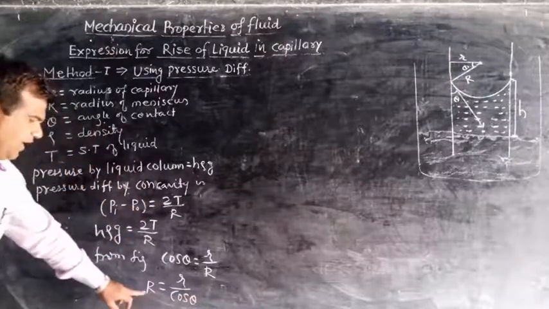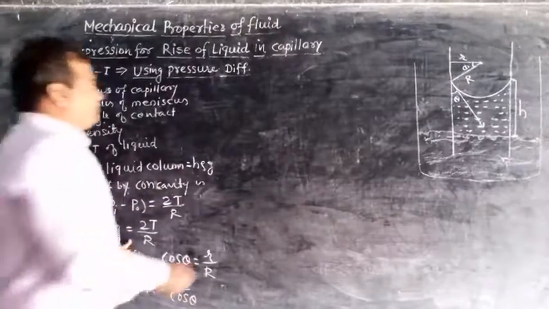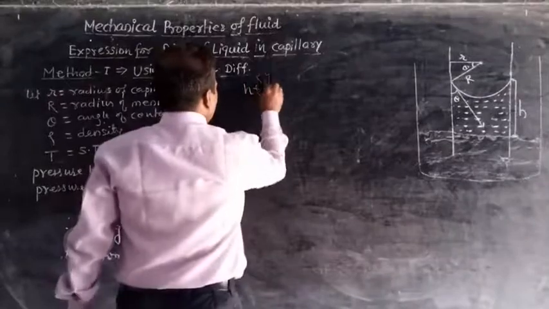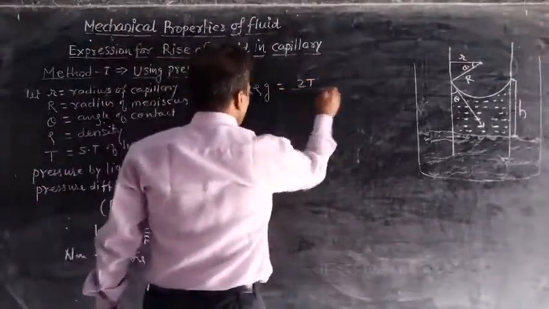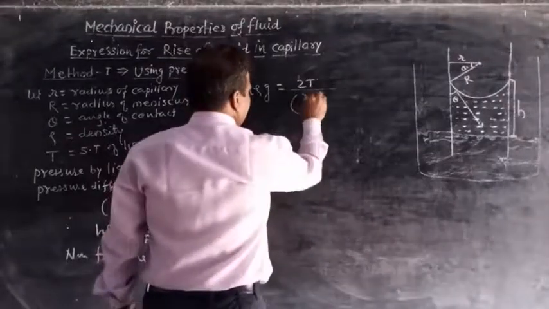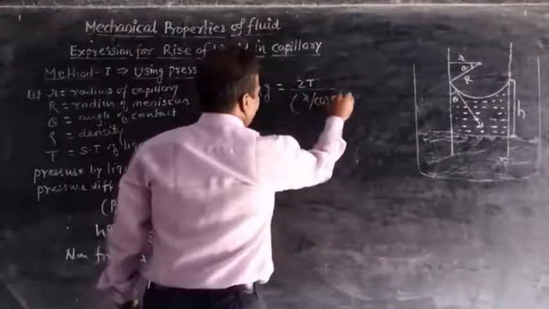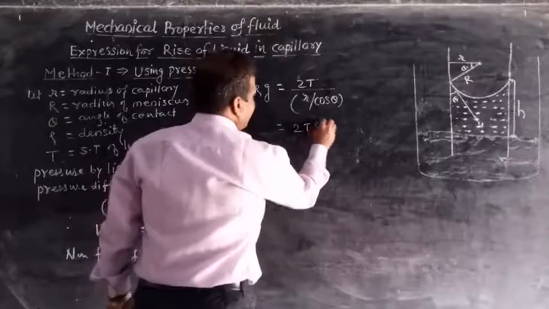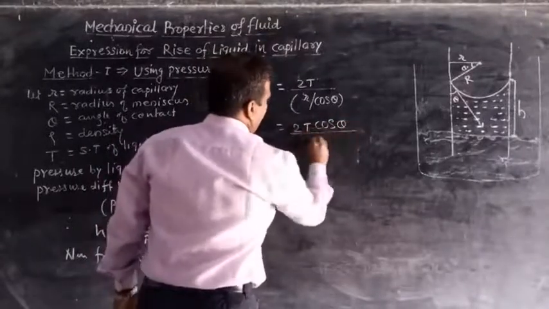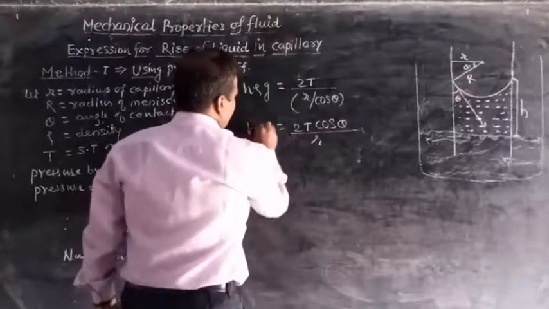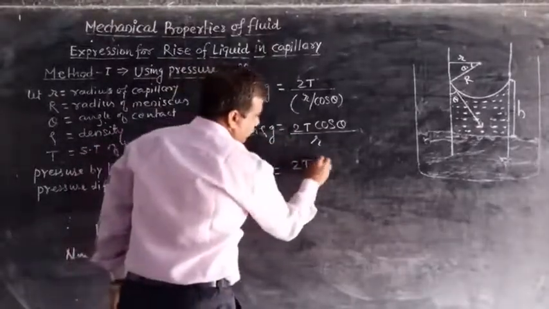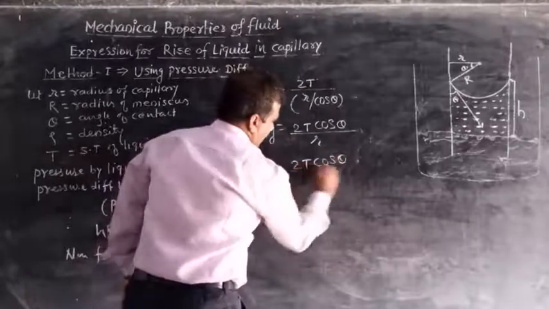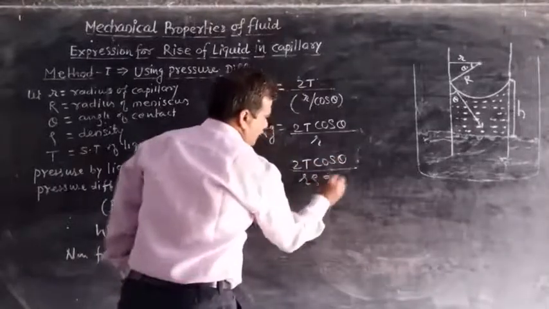Now put this value of capital R in this equation, and we can write h rho g is equal to 2T upon capital R, that is r upon cos theta, means 2T cos theta upon r, and therefore h can be written as 2T cos theta upon r rho g.